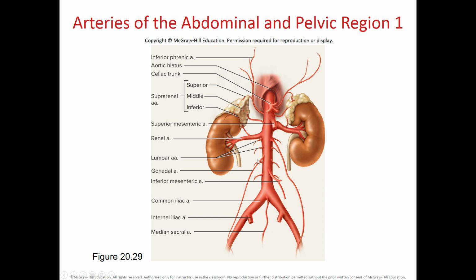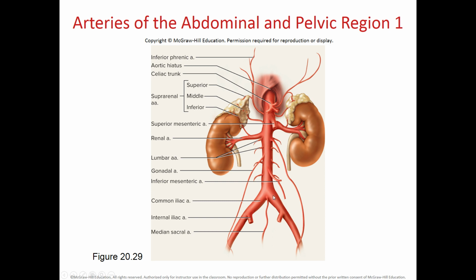These are the branches of the descending abdominal aorta, the two branches that I told you about. So this is the celiac trunk, superior mesenteric and inferior mesenteric in here. Lateral branches: the inferior phrenic or diaphragmatic, then the adrenal, superior, middle, and inferior, then the renal artery, gonadal, and then the lumbar arteries.